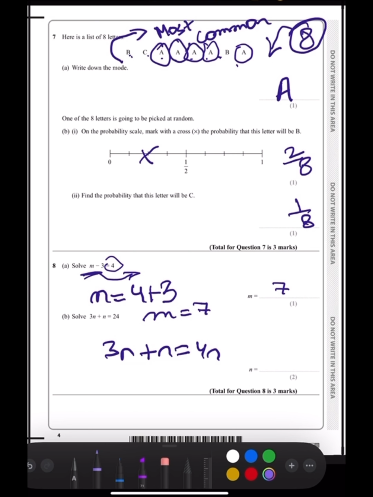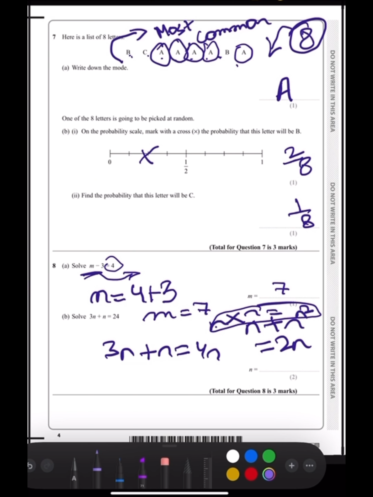N squared basically means that you are multiplying n by n. Even if we take n plus n, that would still be 2n instead of n squared. But when it is n multiplied by n, then we know it will be n squared. That relates to the squared power topic: n squared is basically n into n, any letter into letter, any number into number.